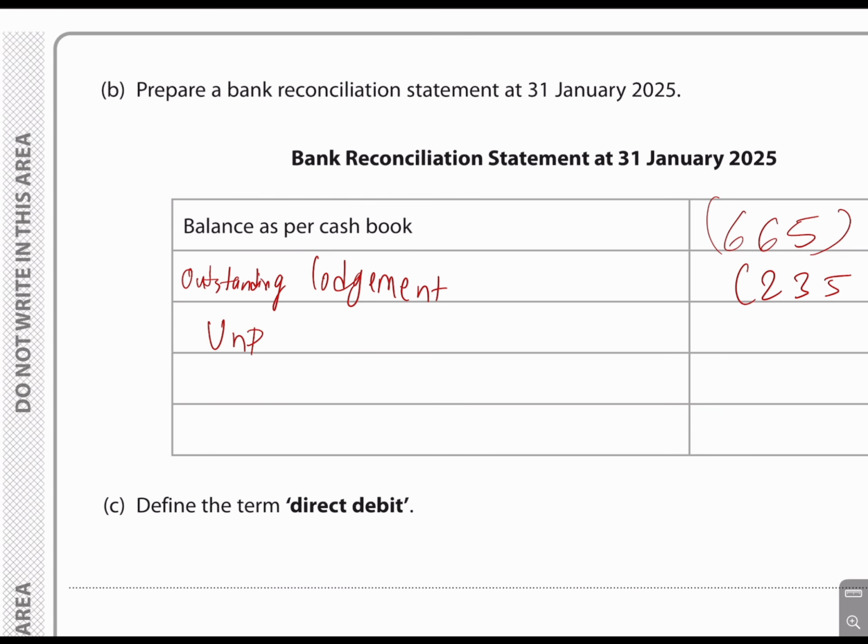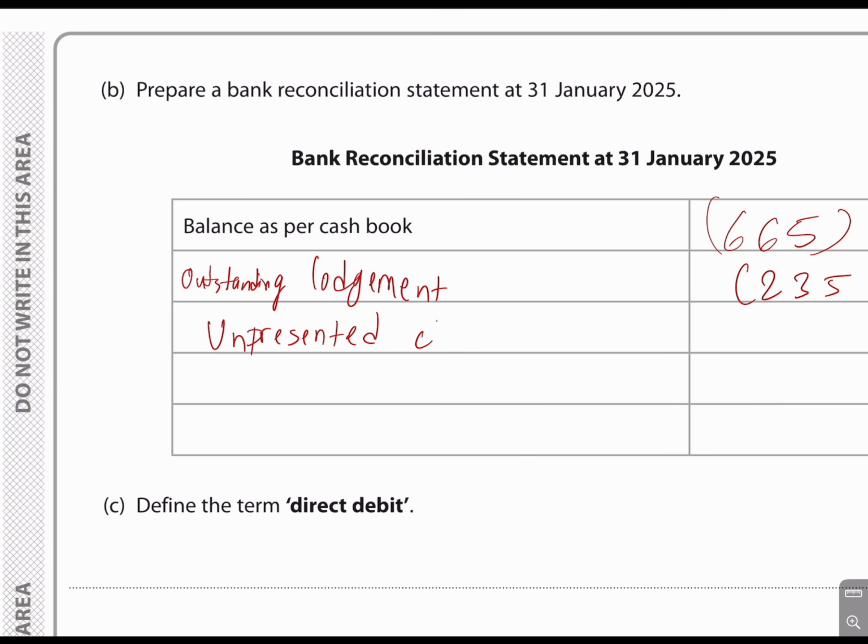Now why are we doing this? We are matching our cash book with the bank statement just to make sure that if we reverse calculate these time lags, does our bank statement and cash book match? If it matches, then the imbalance between these two accounts is not because of errors, it's because of some time lags.